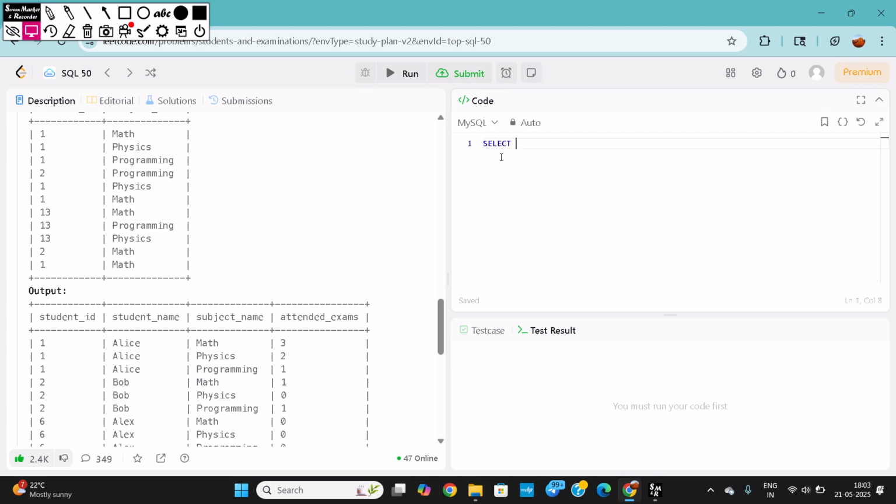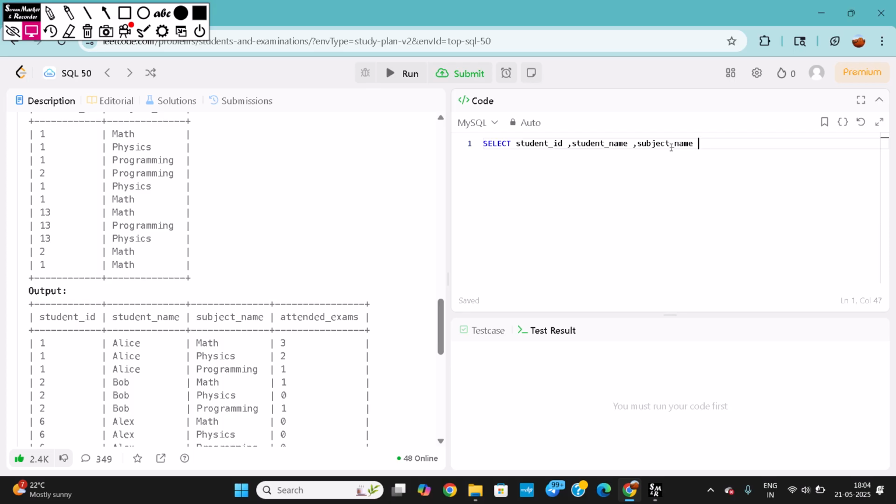So I'm going to write select student ID, student name, and subject name, as well as what they mentioned, attended exams, as the count of the subject.